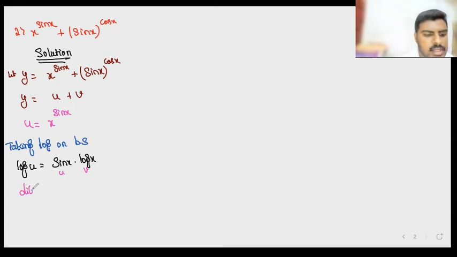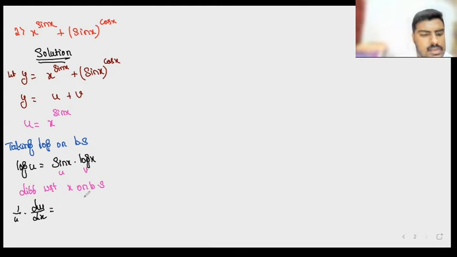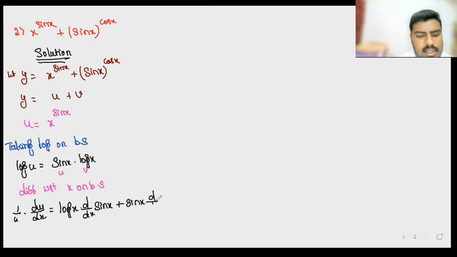Differentiate with respect to x on both sides. When you differentiate log u, it will come to 1 by u into du by dx, equal to, by the product formula v into u dash plus u into v dash, log x into d by dx sine x plus sine x into d by dx log x.